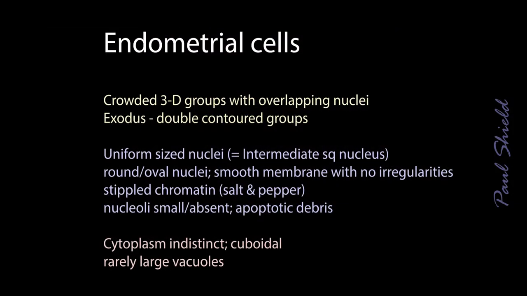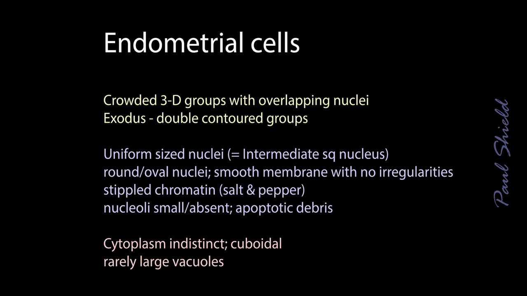So in summary, endometrial cells form quite crowded three-dimensional groups that are disorganized. Either that, or they are present in exodus early on in the menstrual cycle, and that's that double contoured arrangement. Nuclei are usually quite uniform in size and roughly equivalent to the size of an intermediate cell nucleus. They tend to be round, oval, or a little elongate sometimes, and the classic thing they have is a stippled chromatin pattern.